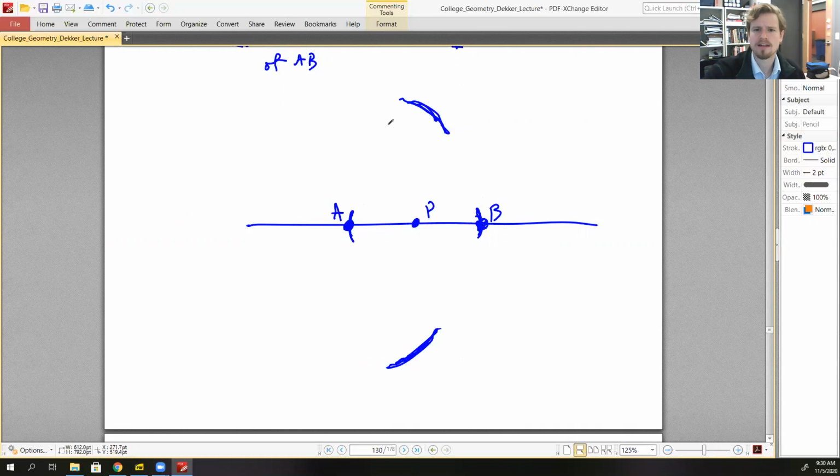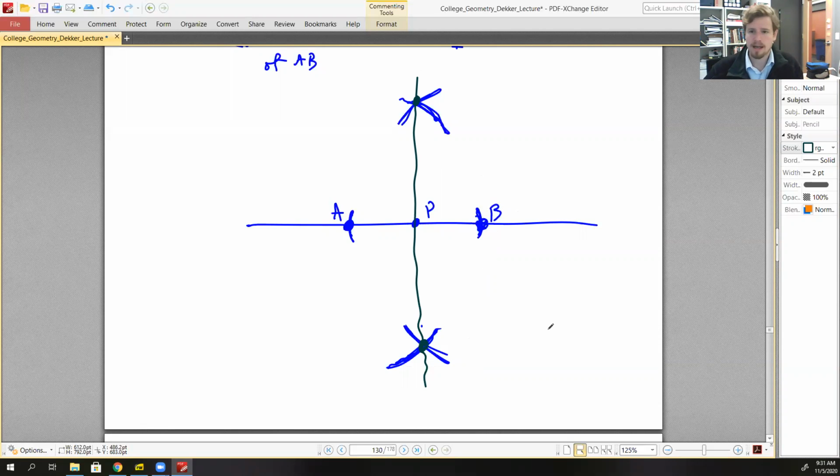And I could construct that entire circle, but the only things of interest to me are these points here. Once I have those markings, then I have their intersection points here and here, and the line that passes through those should be my perpendicular bisector of AB passing through P. So that's essentially what our construction should look like.